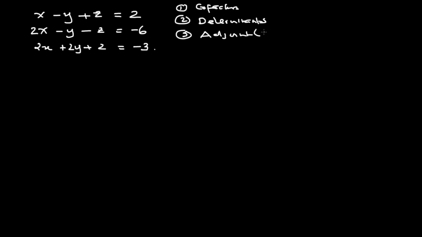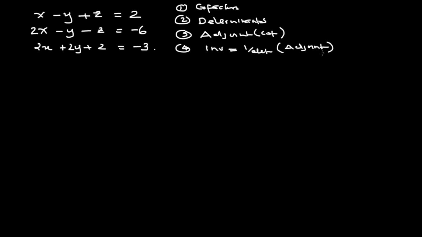The adjoint we get from the matrix of cofactors. Then fourth, we combine: we get the inverse of the matrix by multiplying the inverse of the determinant and the adjoint.